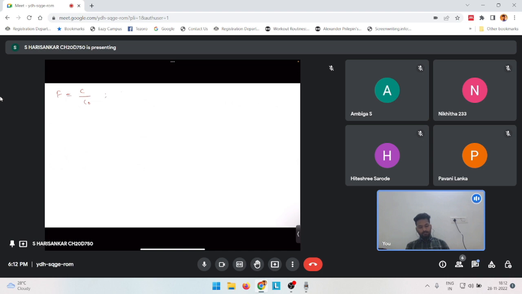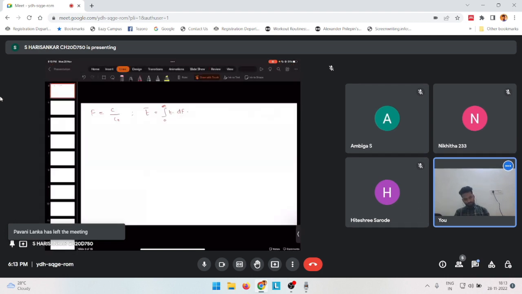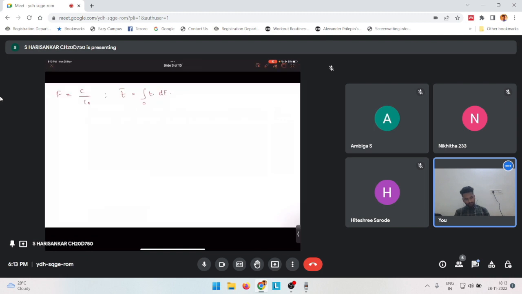So t bar will be the integral 0 to 1 of t into dF.